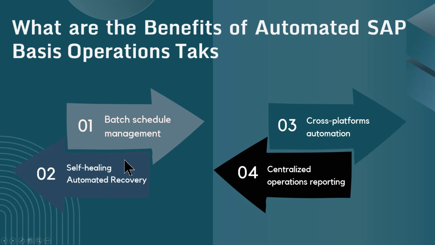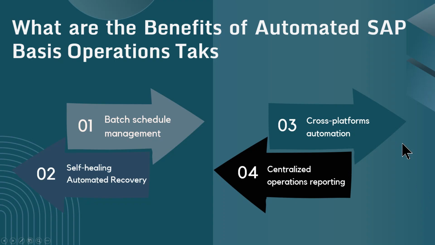This is what we call automated recovery. If scenarios are easy to take care of, we can take care of it for you on your behalf, so that you don't have to manually trigger a recovery or restart of something like a job, a queue, or a printer that's down.